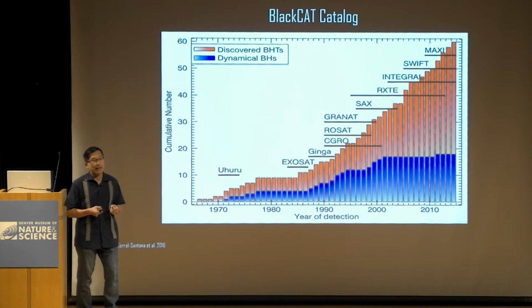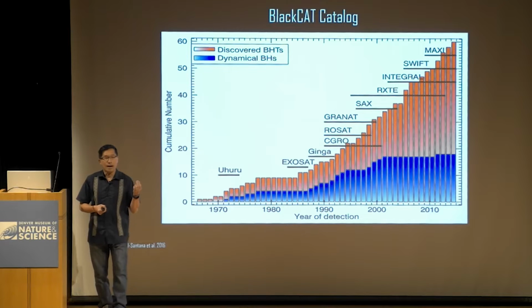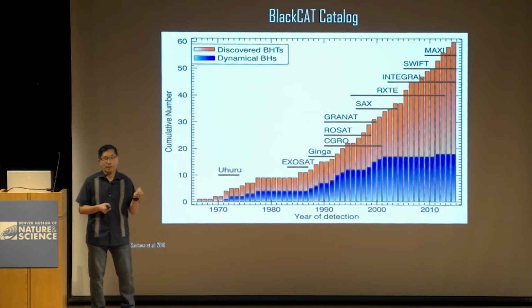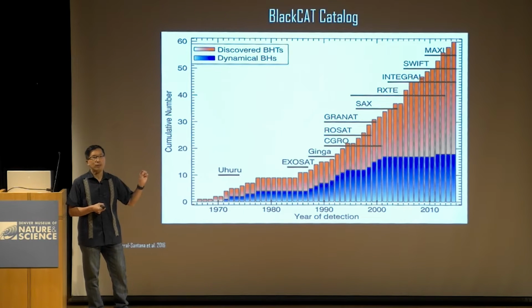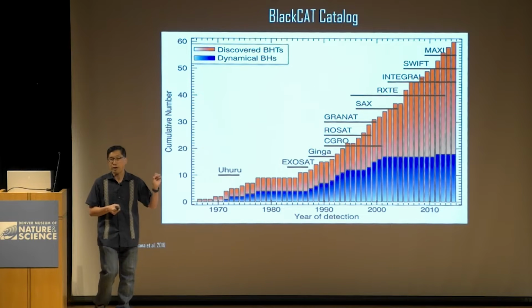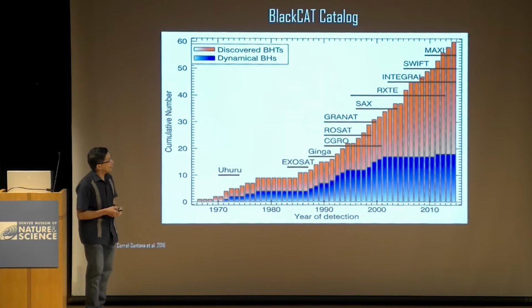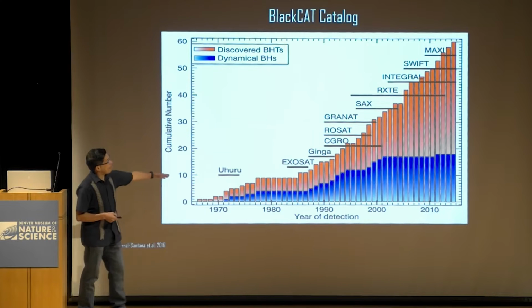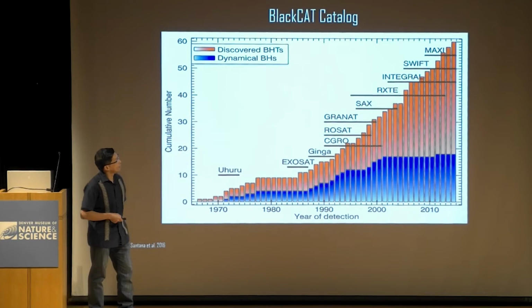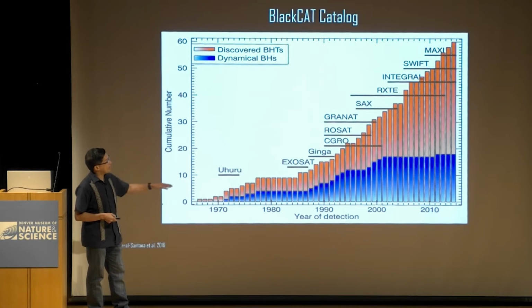But these X-ray satellites don't necessarily have the resolution to pinpoint the actual visible star associated with the black hole binary, the star that's losing its outer envelope to the black hole.